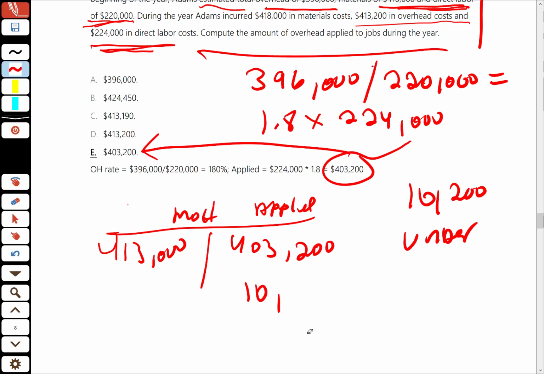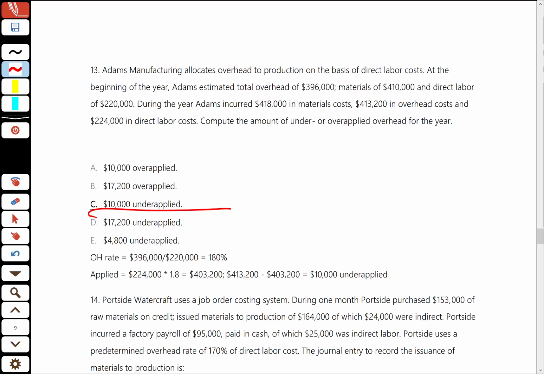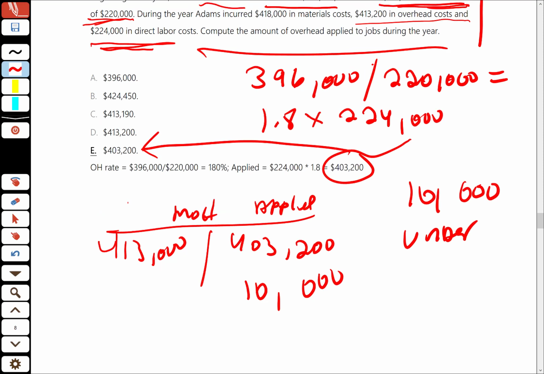Under applied, not 10,200. Sorry, 10,000, right? Okay, and so it is what? I would credit it here and then I would debit the cost of goods sold, right? Okay, good. Question?